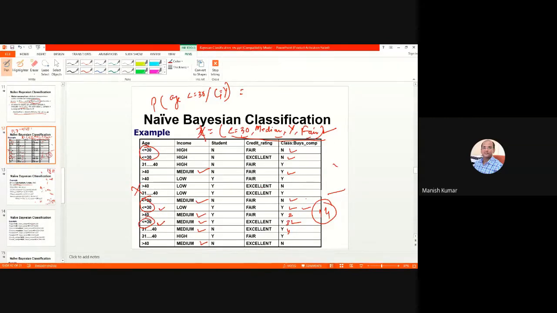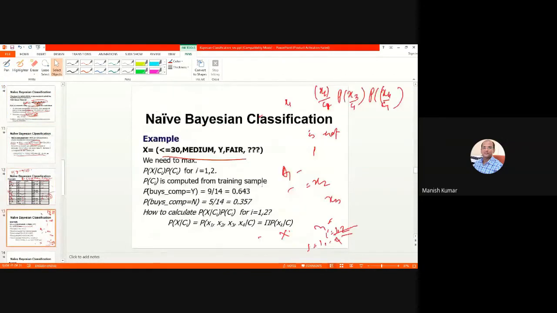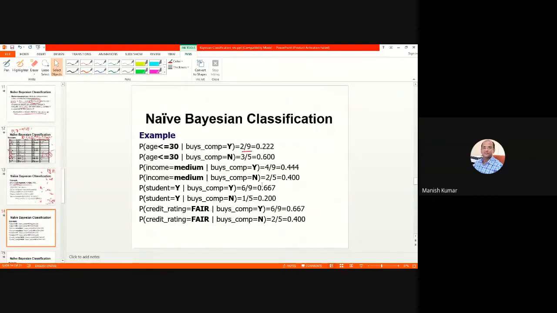So out of 9 yes, 4 are medium. So what we have is 4 by 9. Since there are 6 instances of medium, if it is 4 by 9, then certainly the other one will be 2 by 5. Similarly, you can find out for student, which will be 6 by 9 and then 1 by 5.